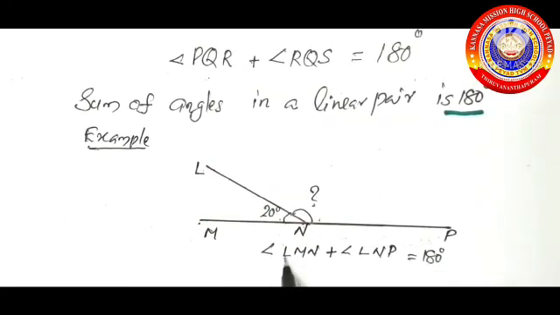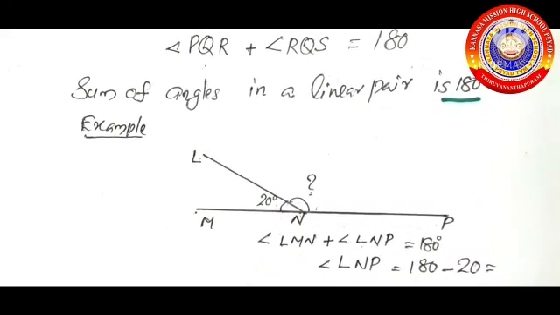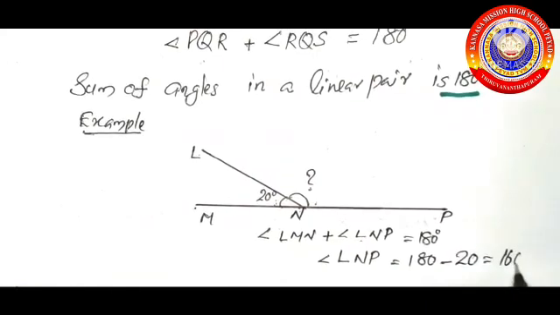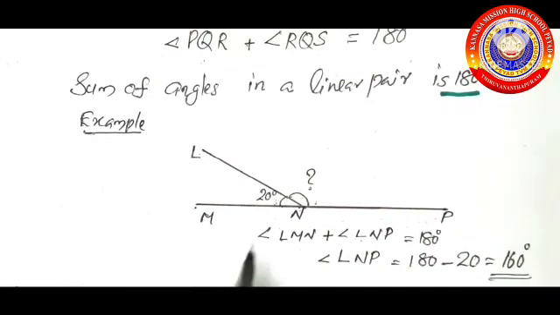Then angle LNP is equal to 180 degrees minus 20 degrees, which is equal to 160 degrees. Here we learn the sum of the angles in a linear pair is 180 degrees.